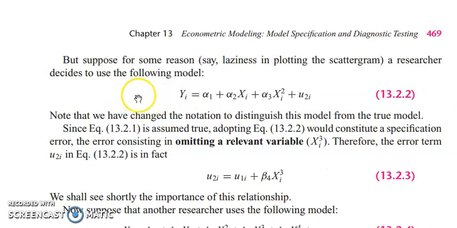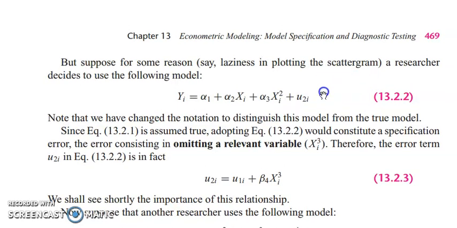But suppose for some reason the researcher decides to use this model, whereby yi equals alpha 1 plus alpha 2 xi plus alpha 3 xi squared plus ui, which is the error term. If we compare this model with the previous model, there is one term which is not written here, which is xi to the power of 3.